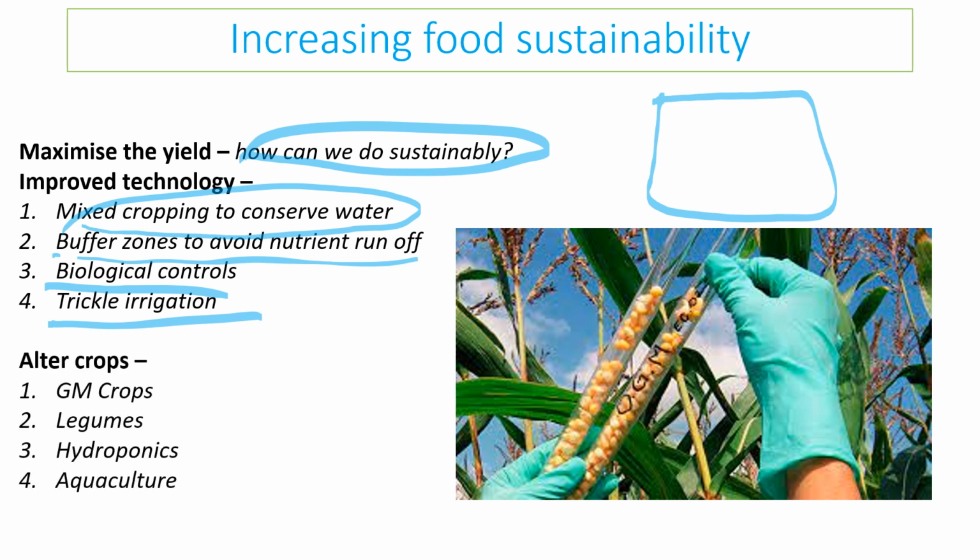We can alter the crops that we grow. We can use genetically modified crops, which might be resistant to drought, might grow quicker, or might be resistant to disease, so we don't need to spray as much. We can use legumes, which are crops like beans and peas, which have bacteria in them called rhizobium that allow them to absorb nitrogen from the atmosphere, meaning they replenish the nitrogen in the soil.